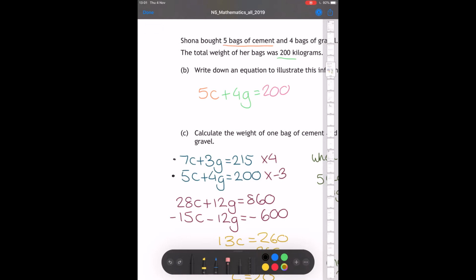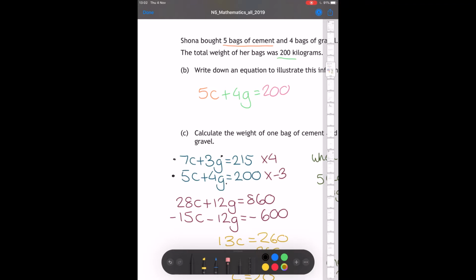Well, how do you do this? What you can do is you can multiply each equation so that we get rid of one of these unknowns. So, for example, here I've chosen to get rid of the G. So what I did was, I have a positive 3G here and a positive 4G. Now I know that the lowest common multiple of those is 12.